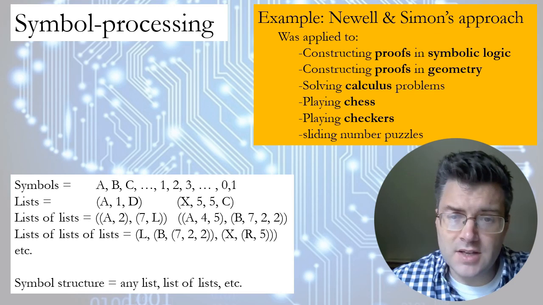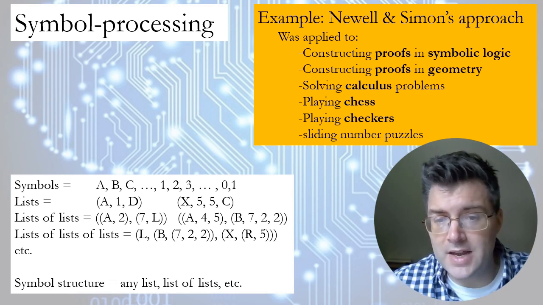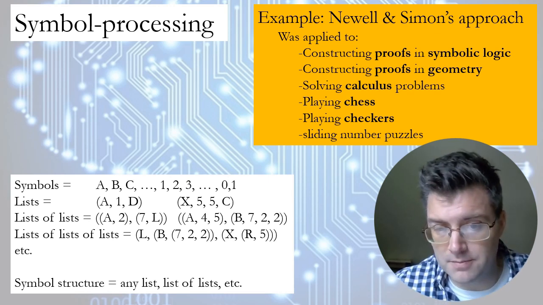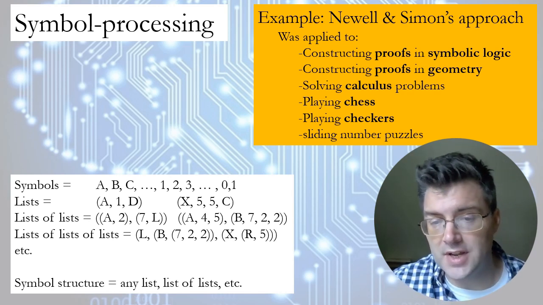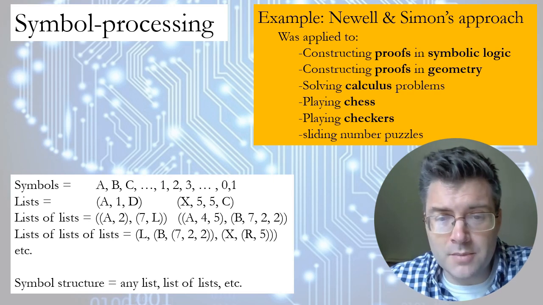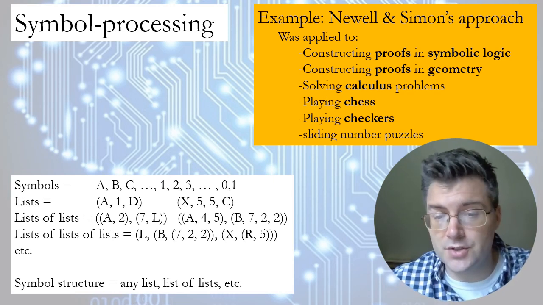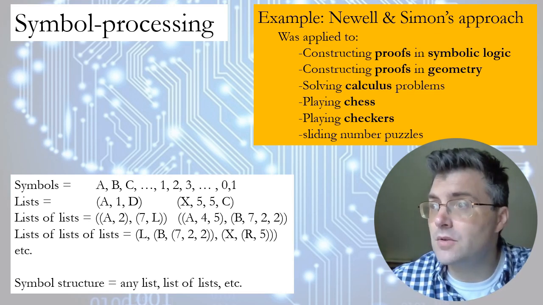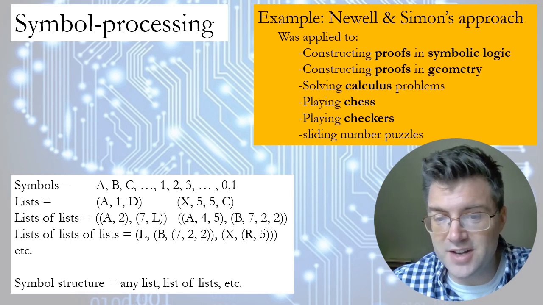So these approaches were applied to problems like, can you build a machine that can prove theorems in geometry, or a machine that can do proofs in something called symbolic logic? There were programs developed using this approach that could solve problems in college-level calculus textbooks intended for undergraduates.